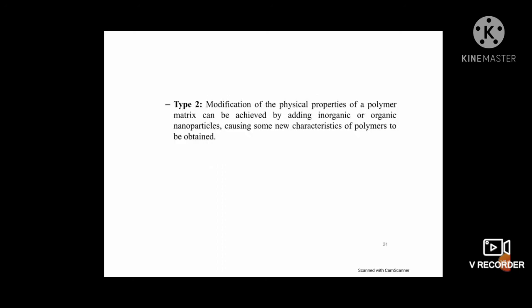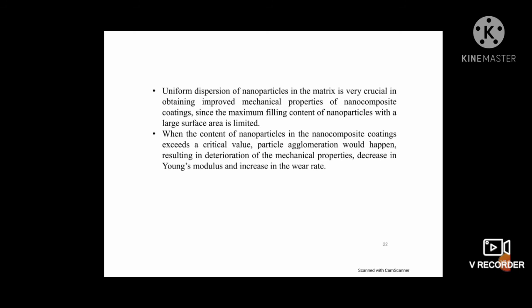To get a high quality product result. The second type is the modification of the physical properties of the polymer matrix, which can be achieved by adding inorganic or organic nanoparticles, causing some new characteristics of the polymer to be obtained. But some things are very important for this, like uniform dispersion of nanoparticles in the matrix, which is very crucial in obtaining improved mechanical properties of the nanocomposite coating, since the maximum filler content of nanoparticles with a large surface area is limited.